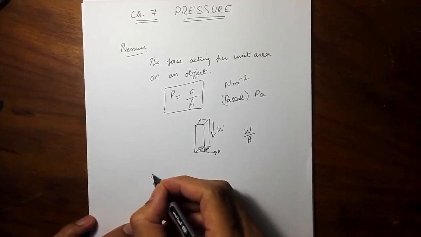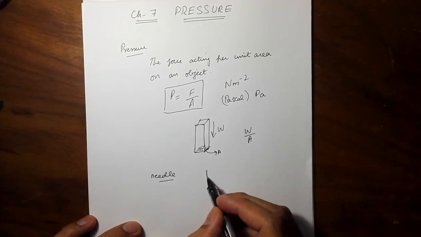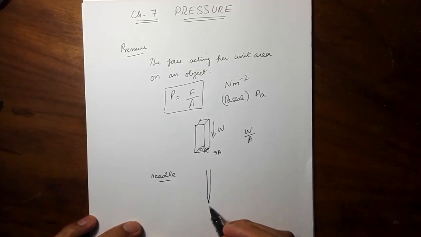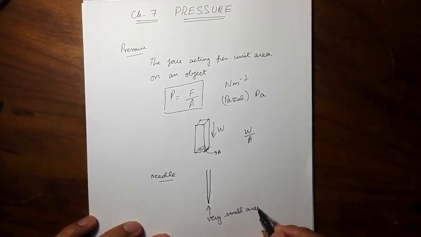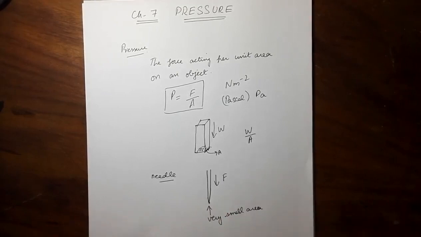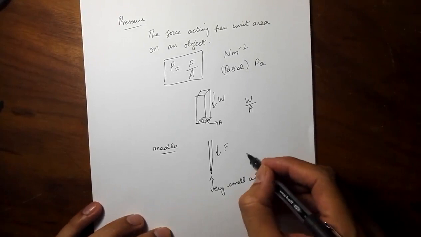Okay. Moreover, I give you some examples of pressure. Let's suppose needle. I draw a needle like this. This is the tip of needle. This tip has very small area. If we apply a significant force over here, or like some small force over here as well, then pressure will be way more.